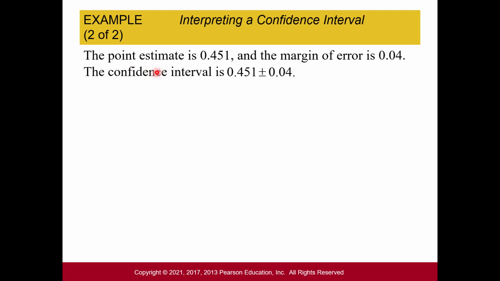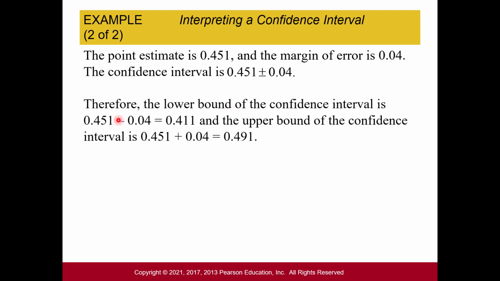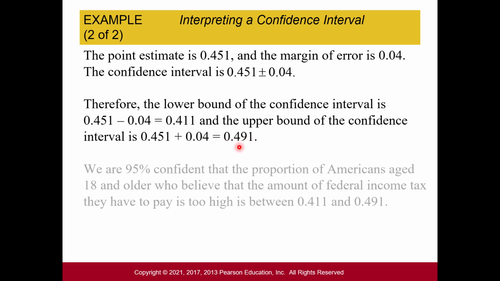Okay, so the point estimate is 0.451. And we're told the margin of error was 4%, so that's 0.04. What you do for your confidence interval is you just add and subtract the margin of error. So we have 0.451 minus 0.04, and 0.451 plus 0.04, and that gives us a lower and an upper bound for our confidence interval.